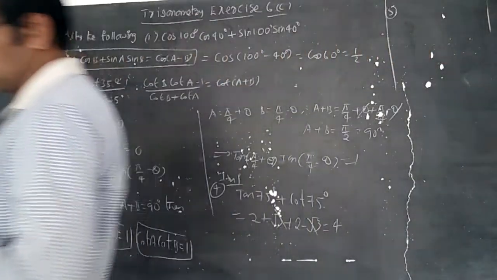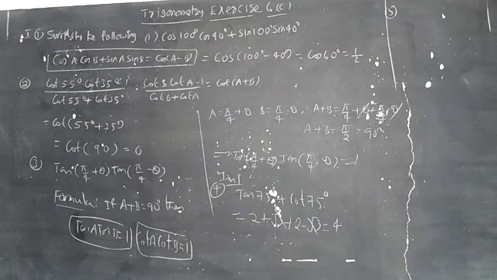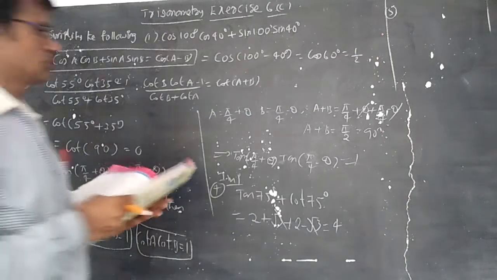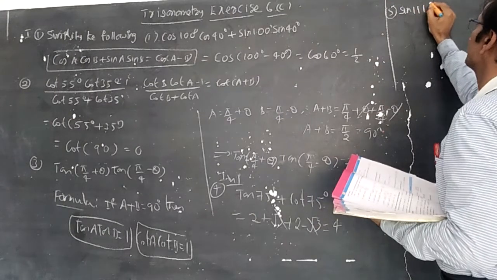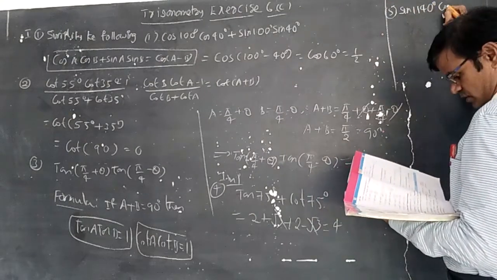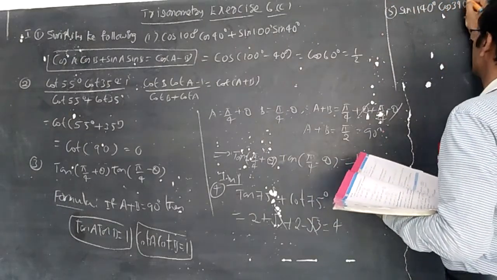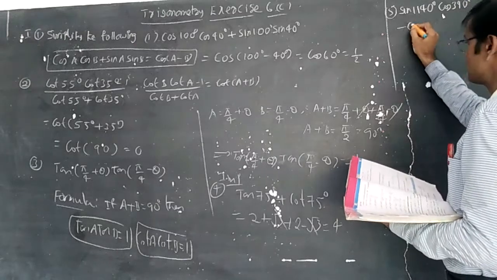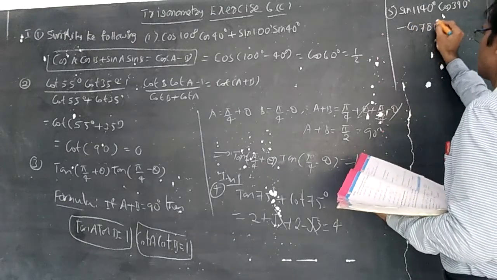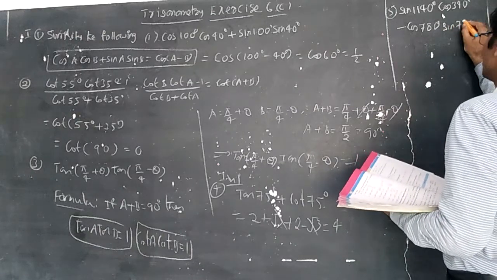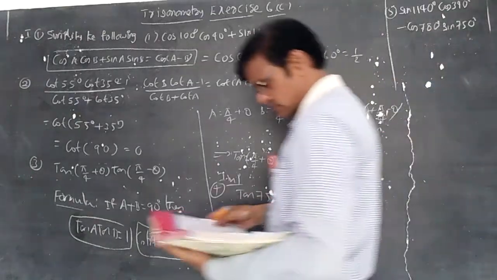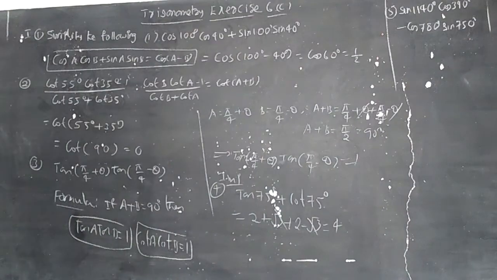Fifth question, sin 1140 cos 390 minus cos 780 into sin 750. Simplify the following.